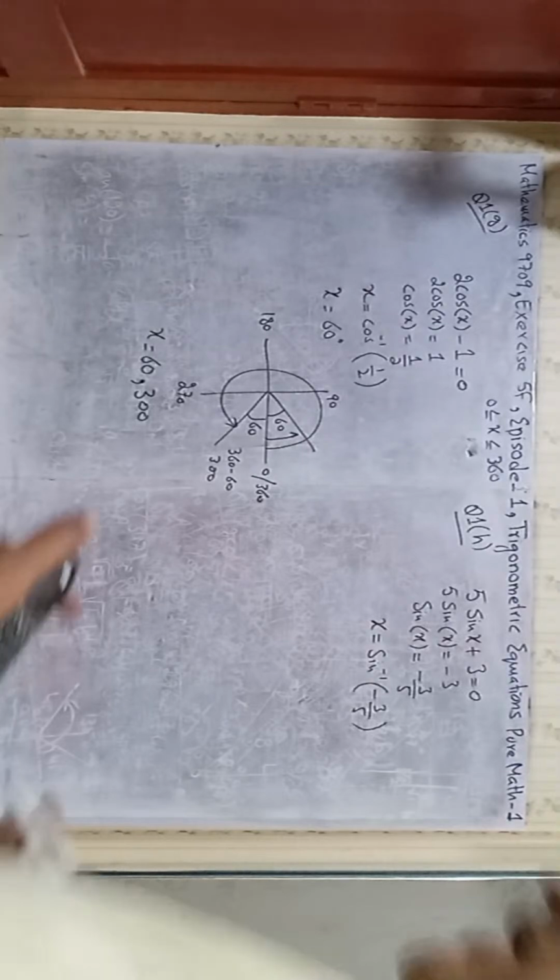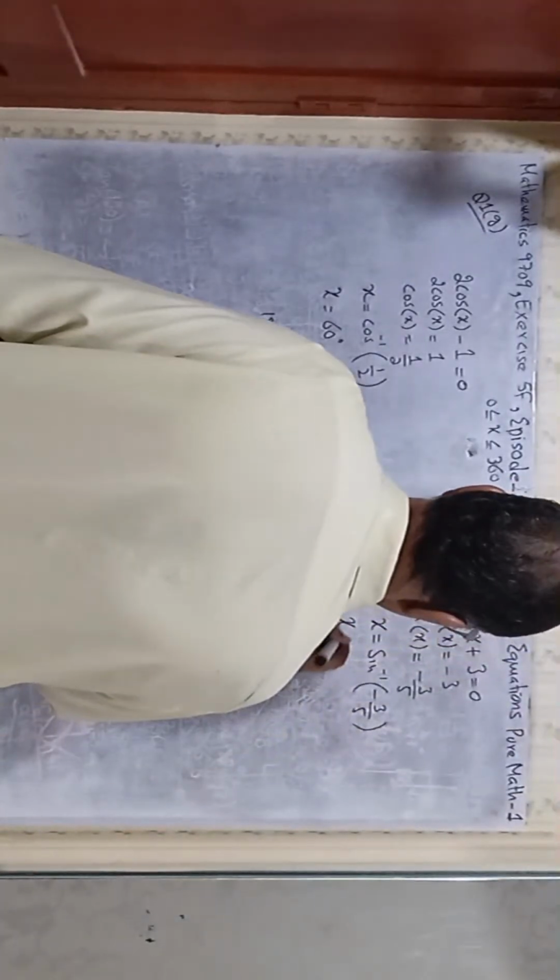So just use your calculator, find the value, and we will see what's the base angle for this. You will have shift sine, bracket, minus 3 divided by 5, bracket close, equals to minus 36.9.